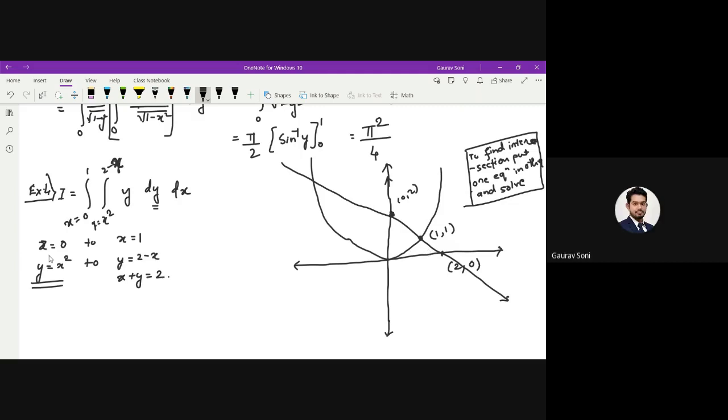So my x is going from 0 to 1. X is growing from this point to this point. What are the limits for y? It is going from this, which is the parabola, and the upper limit of y is up to the line.